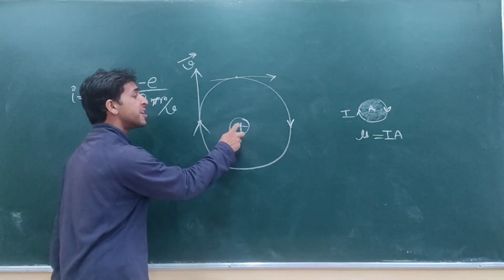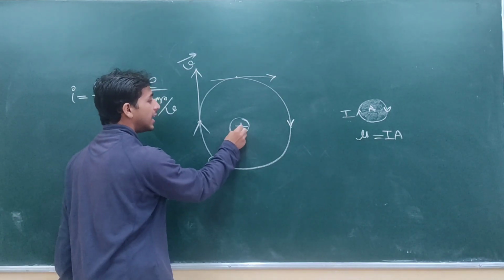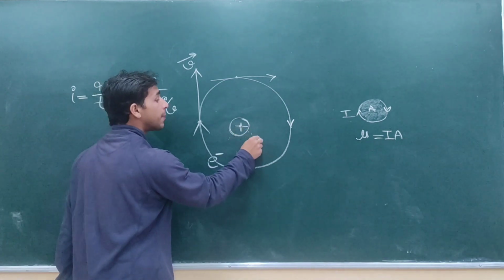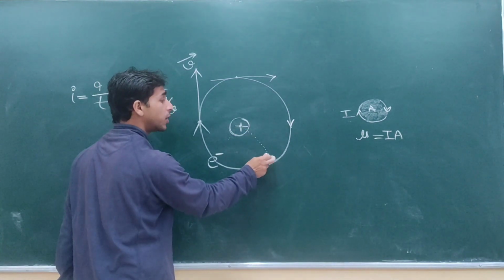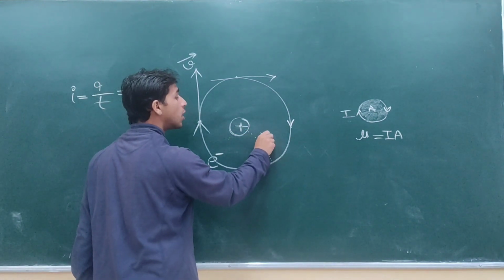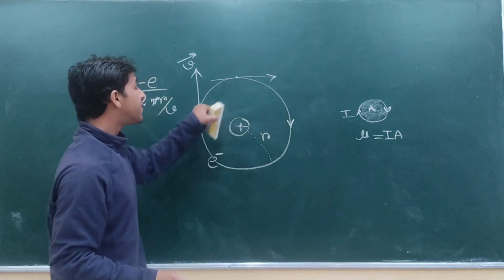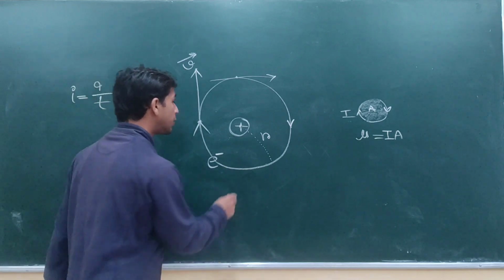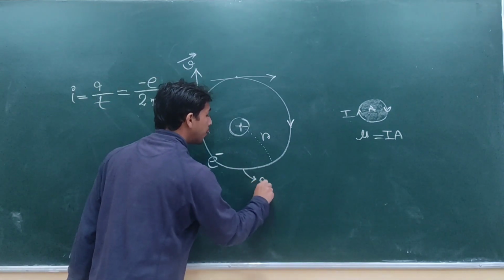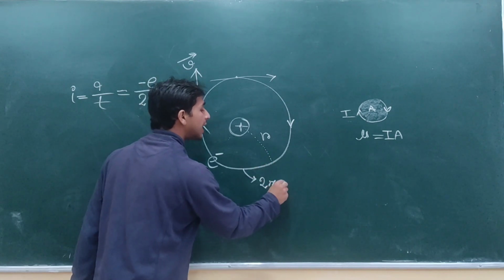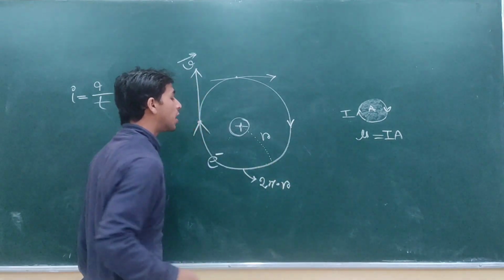Because, with the nucleus as the center, the electron is moving along the circular path, and let's say the radius of this circular path is small r, and you all know the circumference of a circle is equal to 2 pi times the radius of that circle, and in this case the radius is small r.